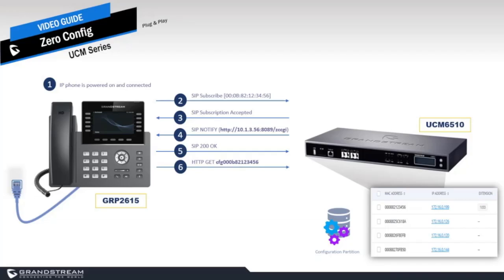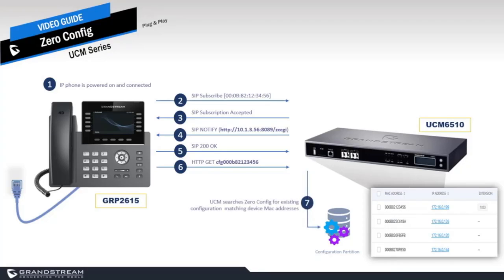Then it will initiate an HTTP or HTTPS connection with the UCM to request the config file via HTTP GET using the name of the config file, which includes the local MAC address of the IP phone.